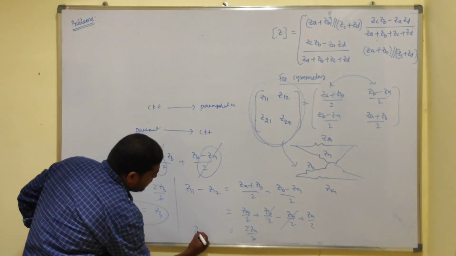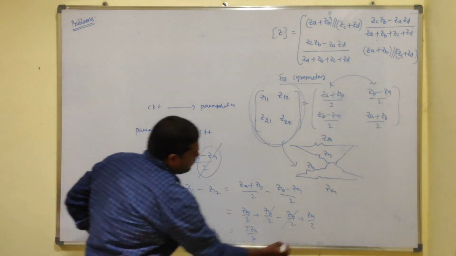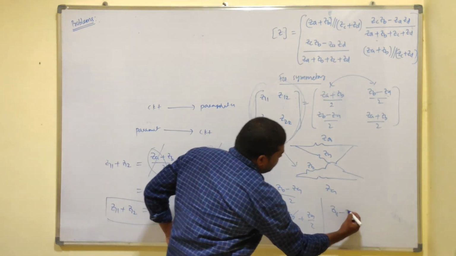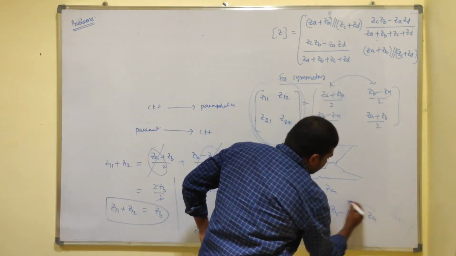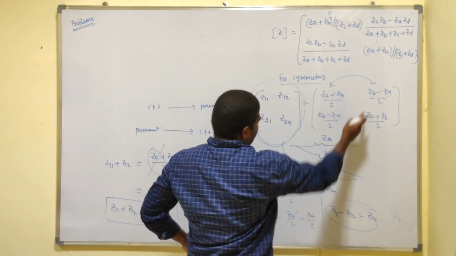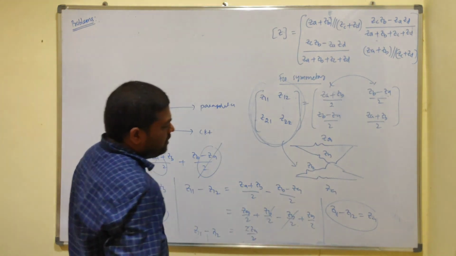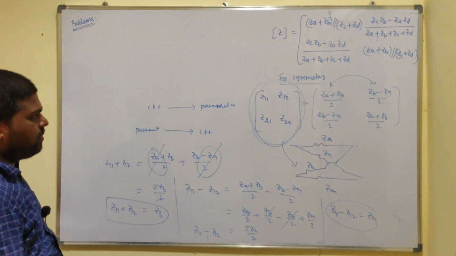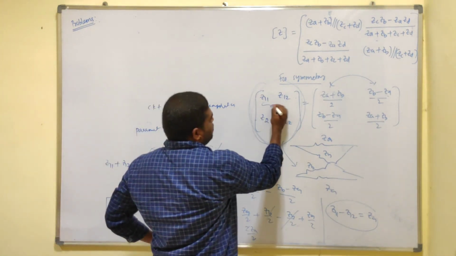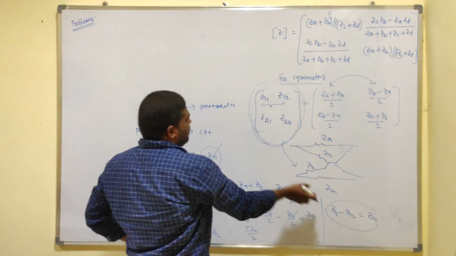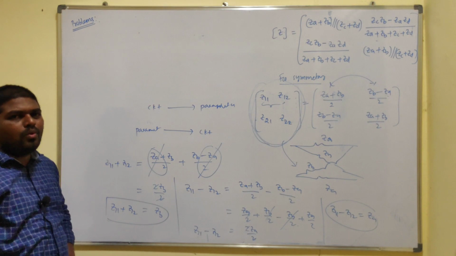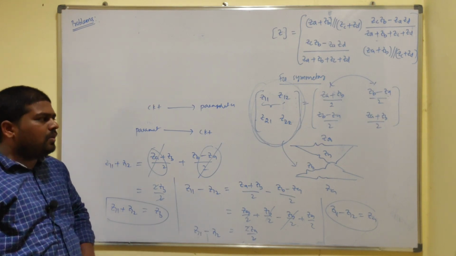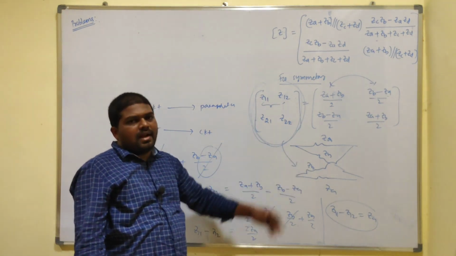So Z11 minus Z12 equals Za, right? By subtracting these two parameters, you will get the Za value. By adding these two parameters, you will get the Zb value. If you know the Za and Zb values, you can design this lattice structure.